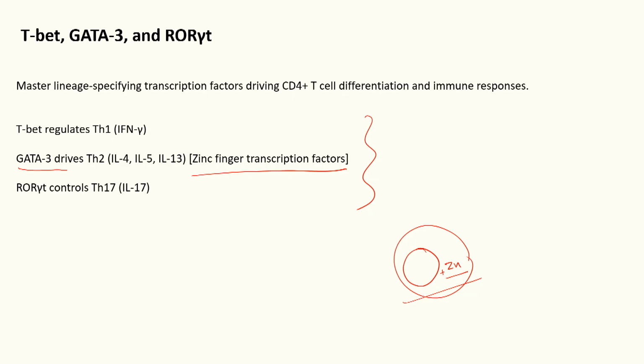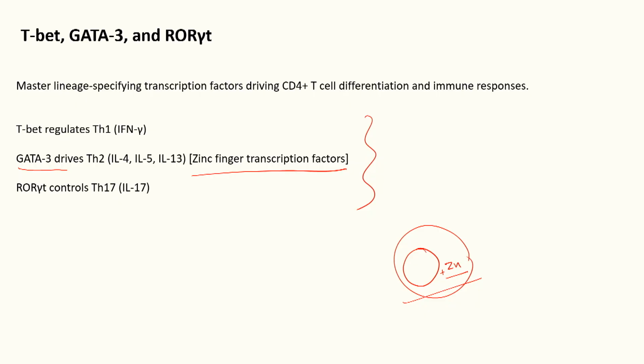Because the protein structure looks like a finger when people solve the structure, and they require zinc to stabilize their structure. Therefore they are called zinc finger transcription factors. So Th2 differentiation takes place by a zinc finger transcription factor, which is GATA3. And these are some of the things which we have already discussed.